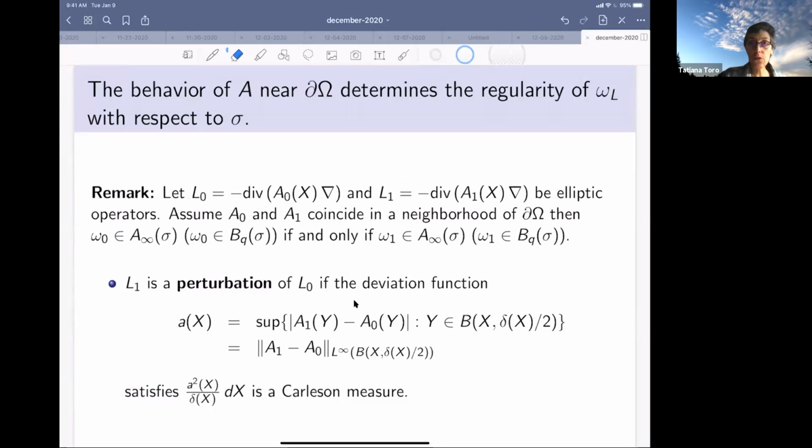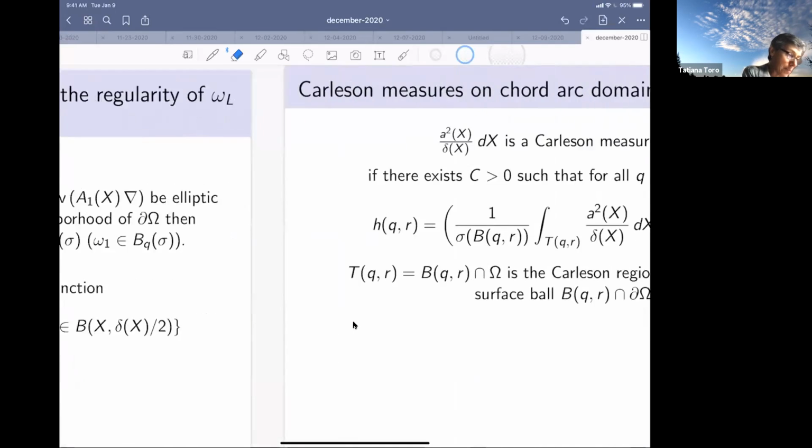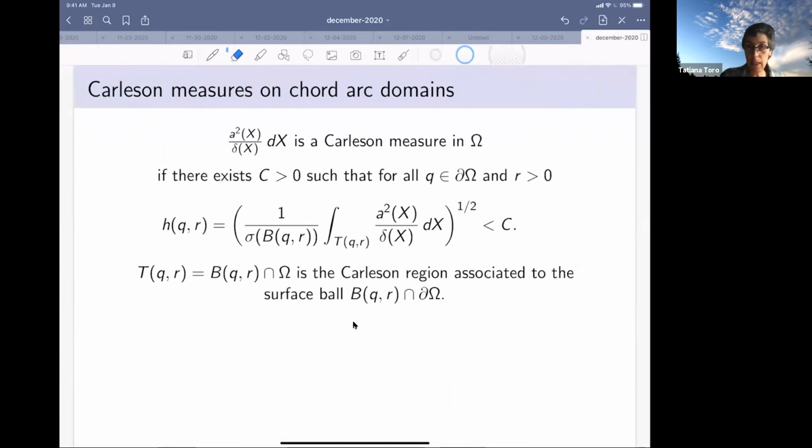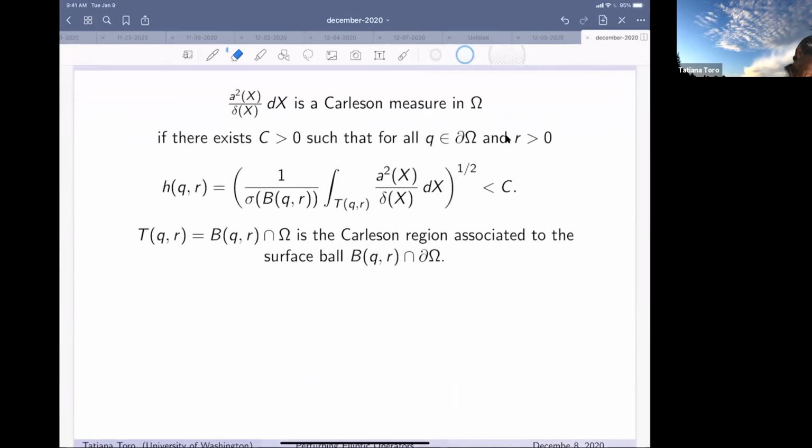So let's go to what it means to be a Carlson measure. Bear with me, we'll get there. Please don't read ahead. So this is a Carlson measure in omega if, every time we take a point on the boundary of omega and a radius, we look at this ball.